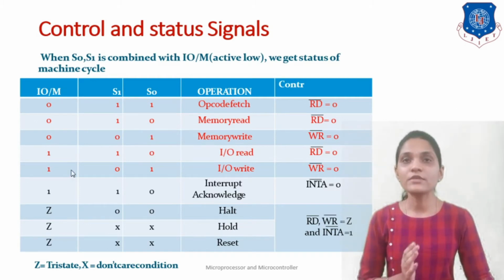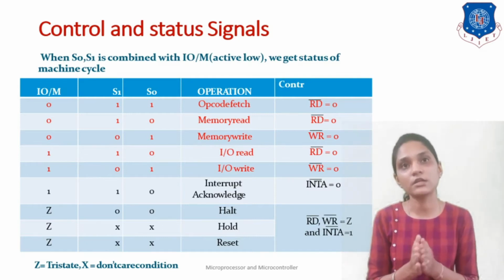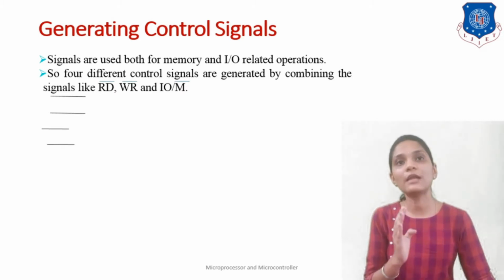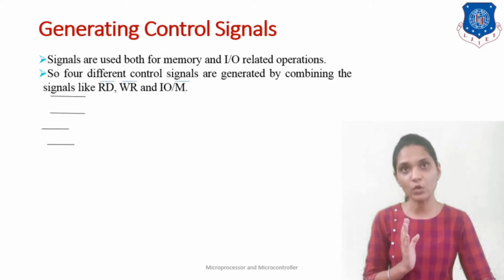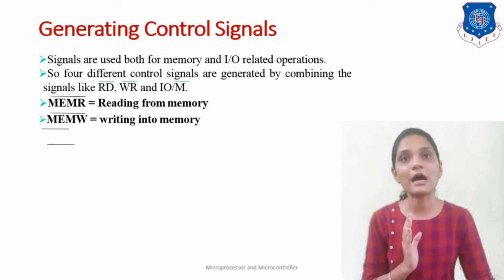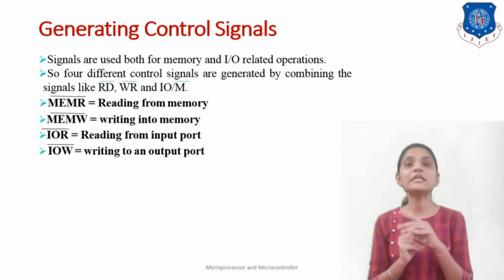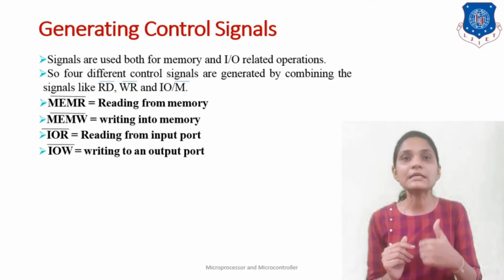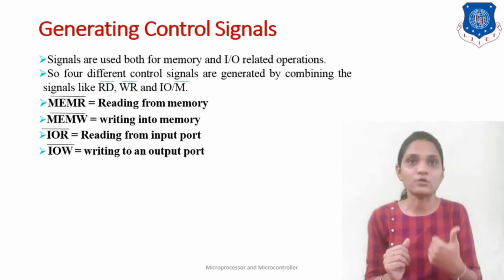So next we will see how we can generate the control signals for memory read, memory write, IO read, and IO write. These 4 signals are also active low control signals. That means we have indicated them by bar, and its meaning is that whenever the control signal is generated, its value will be 0.